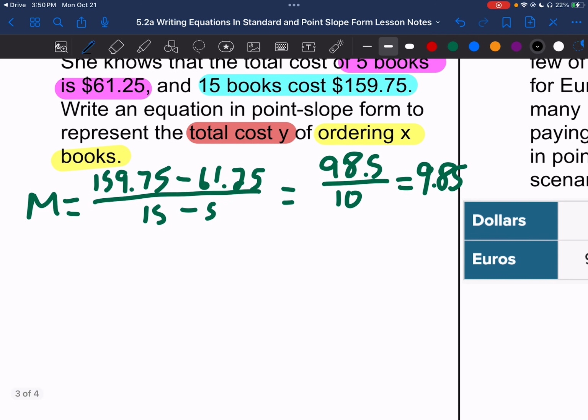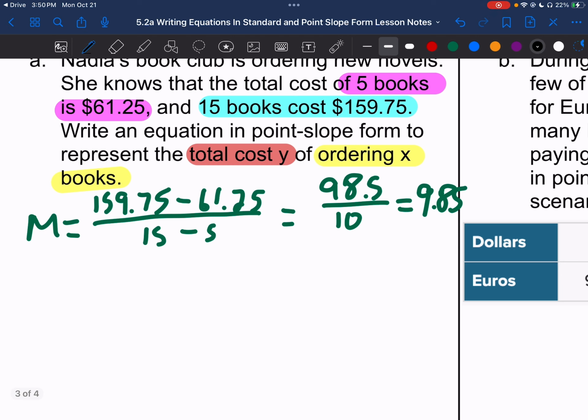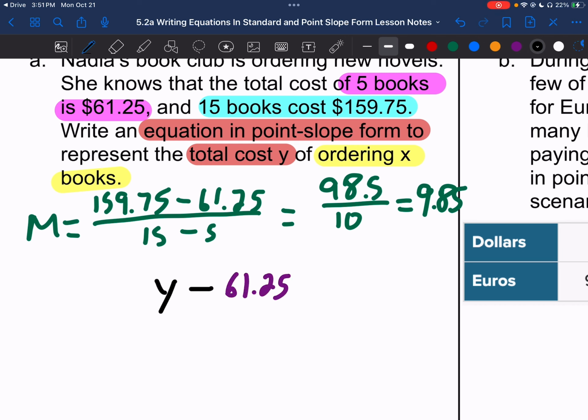And now I want to write it in point-slope form. I think that's an important thing to highlight here: write the equation in point-slope form. So we have y minus one of our points, let's go with 61.25, is equal to 9.85 times the quantity x minus 5.